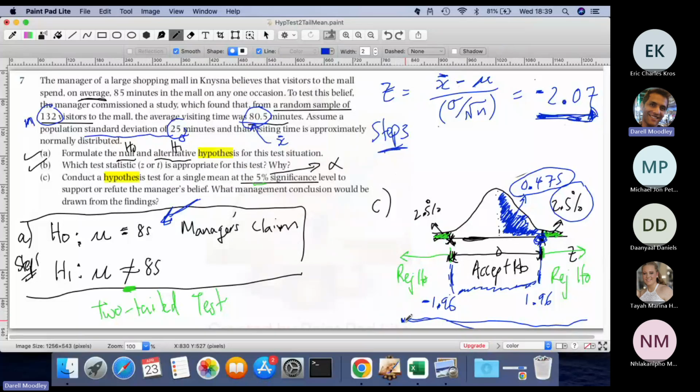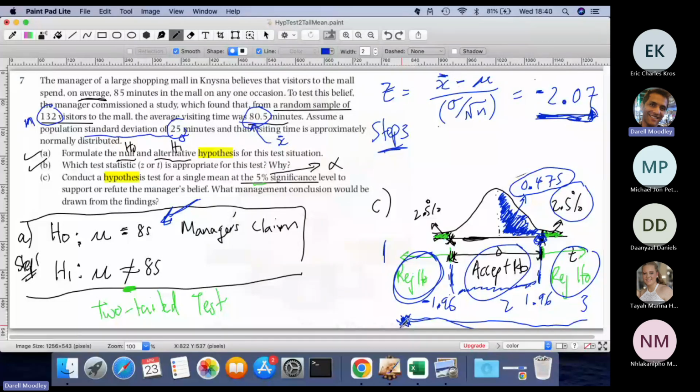So it's somewhere around here. It doesn't have to be exact. All you need to know is where does it fall? Does it fall in region 1, region 2, or region 3? You can see it falls in this region here, because it's negative 2, so it's somewhere on this side.